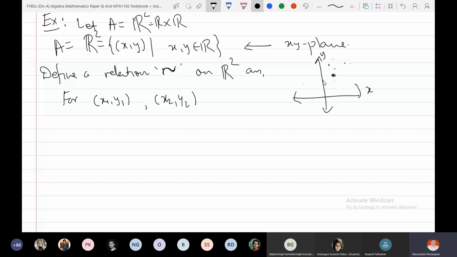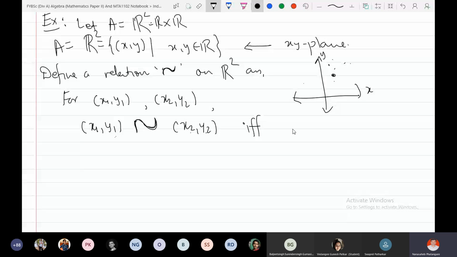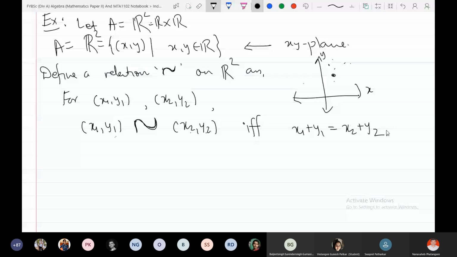These two elements are related with respect to this relation. Now I am using the symbol tilde. Remember this for relation. So (x1, y1) is related to (x2, y2) if and only if x1 plus y1 is the same as x2 plus y2. Do you understand what I am doing?